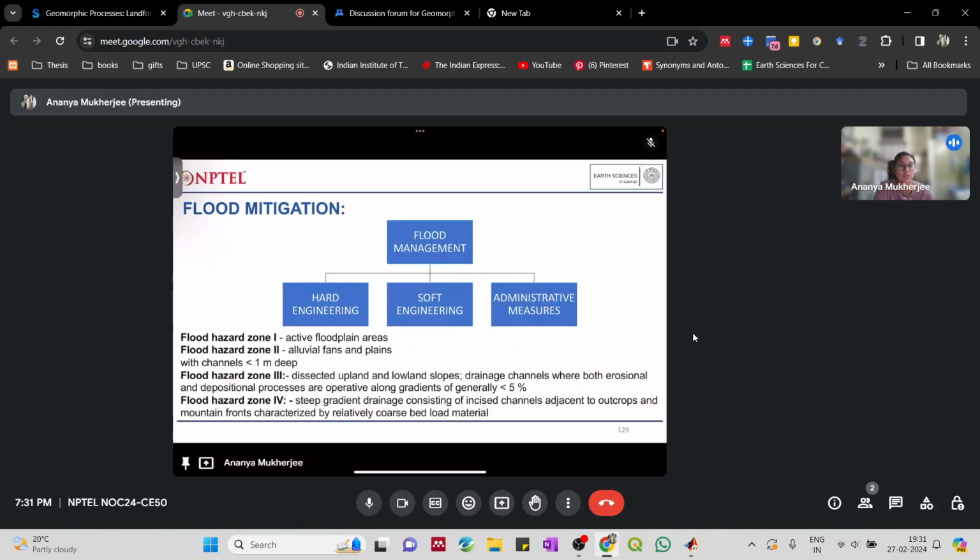Okay, so now since we know that flooding is very much possible in these areas which are surrounded by such river systems, you need to have flood mitigation, the protocol for flood mitigation has to be in place.